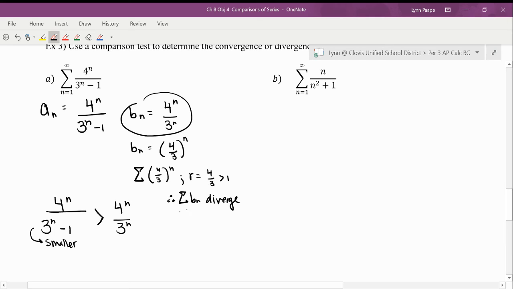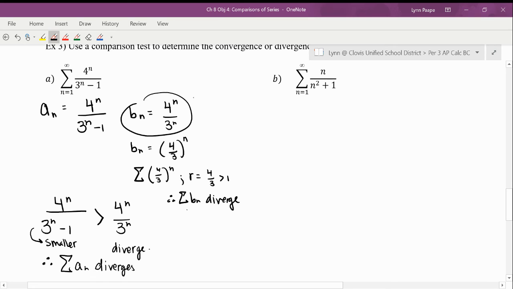And I know from over here that this generates a sum that would diverge, and it's smaller than this one over here. So if the smaller termed sequence adds up to infinity, then the larger termed one has to as well. So it falls into the direct comparison test. And so I can say that therefore my infinite series of an diverges as well.